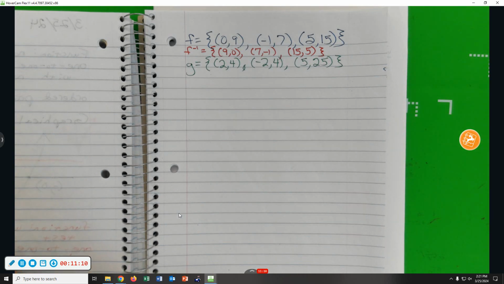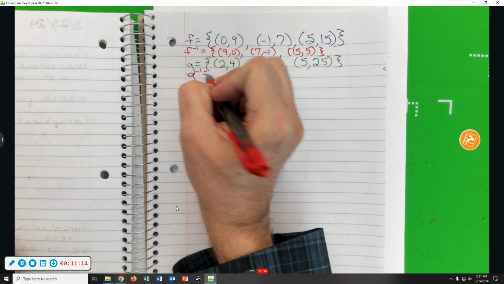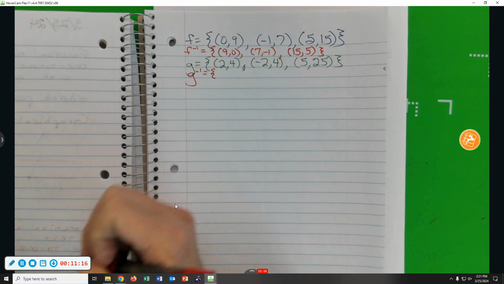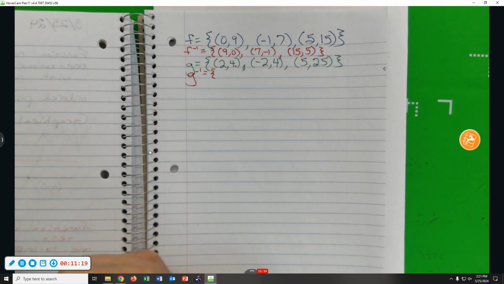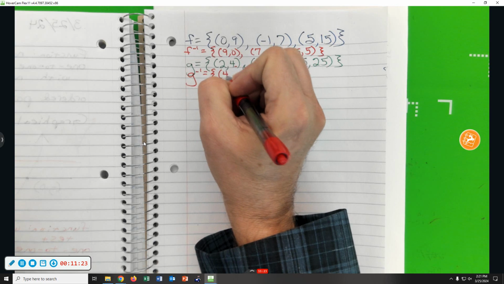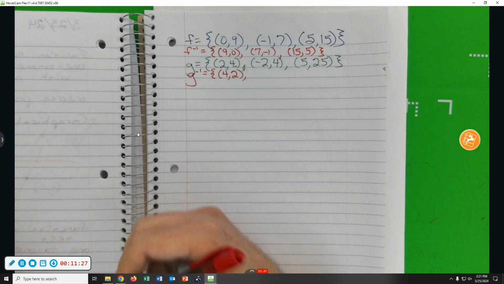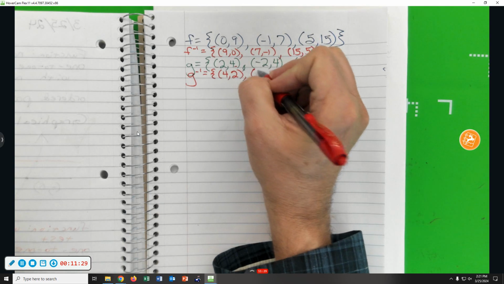You tell me which ordered pairs will be in the inverse of g, g inverse. (2, 4) is going to become (4, 2). (-2, 4) will become (4, -2).